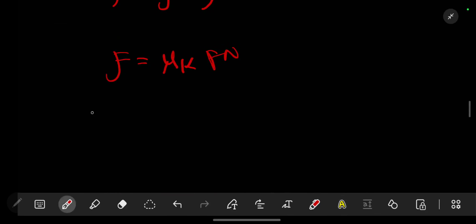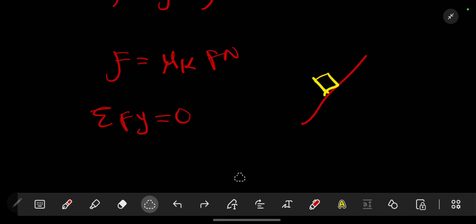Therefore, the summation of forces in the y direction will be equal to 0. Why is it 0? Because the box is not leaving the incline. It is moving along it, maintaining contact. So the summation of forces in the y is 0.